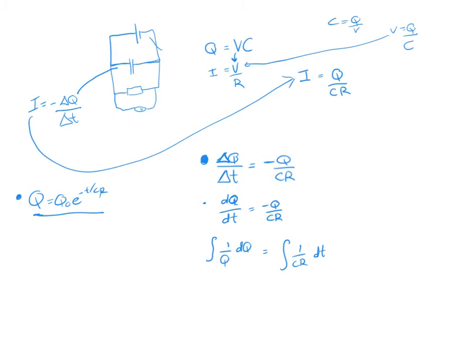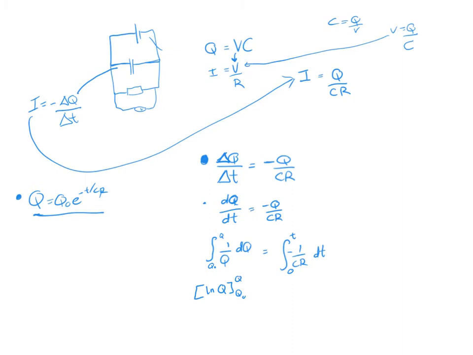I have a minus sign, and I will rather keep the minus sign on this side. So we are integrating from time 0 to time t, and from q naught at time 0 to q at time t. Now when we integrate this, we get ln q with the limits of q and q naught.